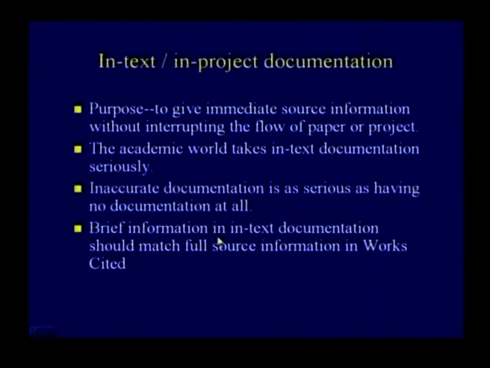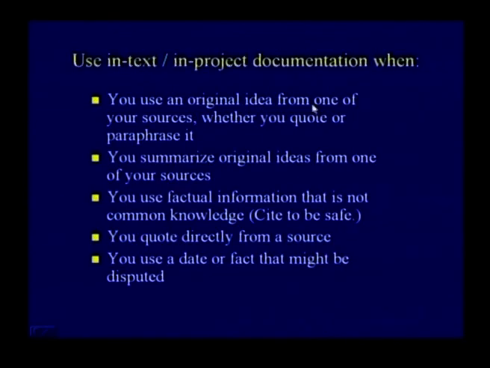We need to provide brief information in in-text documentation, and it should match source information in the works cited or the references section at the end of your research paper. You must document when you use an original idea from one of your sources, whether you quote or paraphrase it.